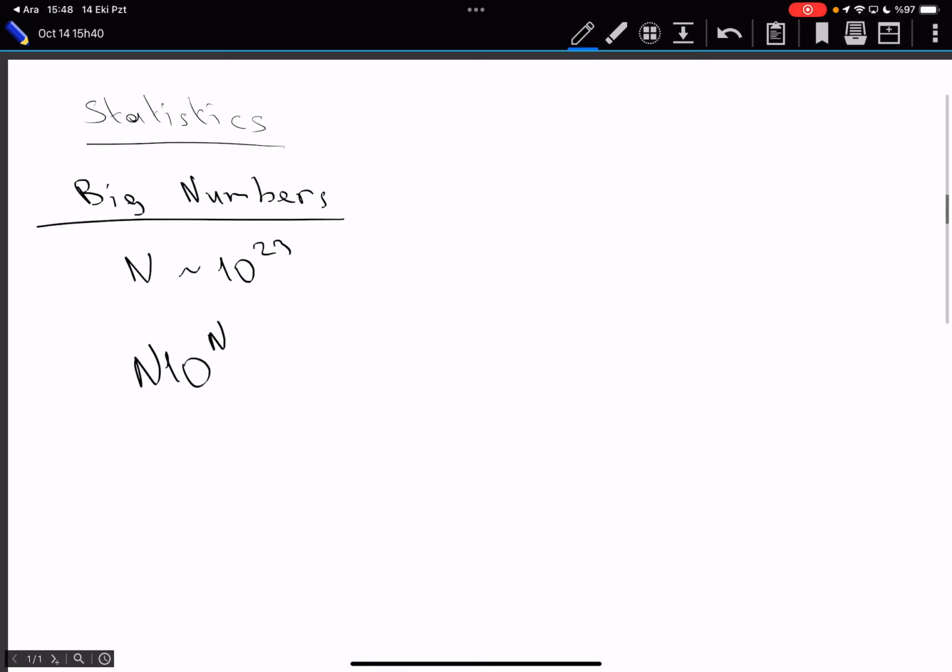This you would probably consider a huge error, right? Well, let's see. Let's take the logarithm of this number. Eventually, we will be taking the logarithm of whatever we calculate. Well, this is n plus logarithm of n. This is 10 to the power 23. This is 23. I can just ignore it.